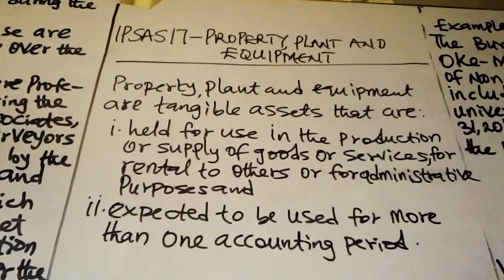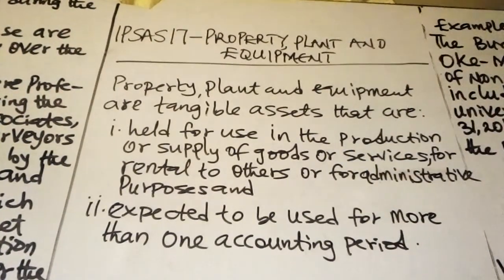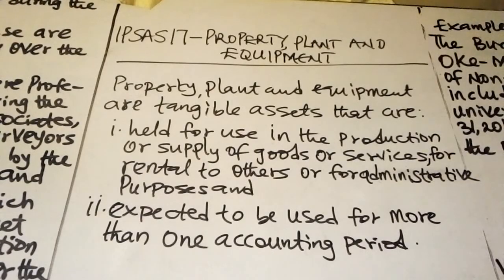I repeat, property, plant and equipment are tangible assets held for use in the production or supply of goods or services, for rental to others, or for administrative purposes.